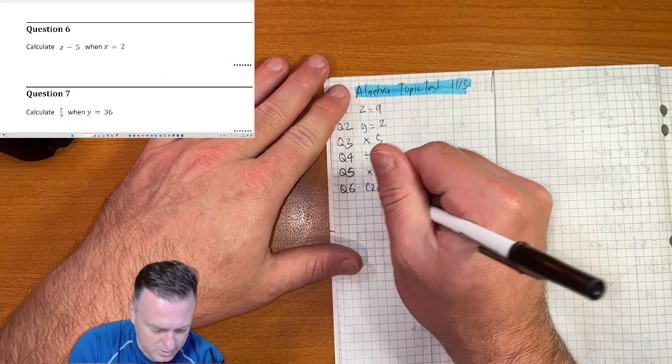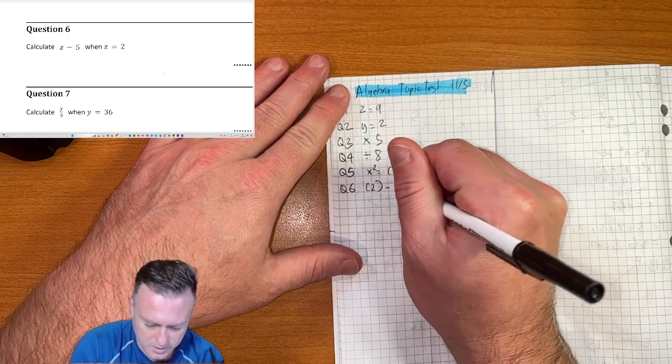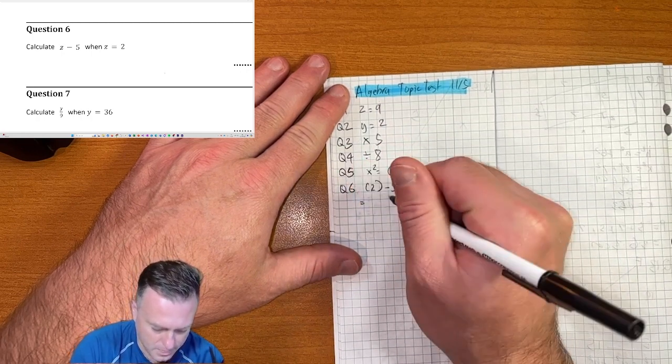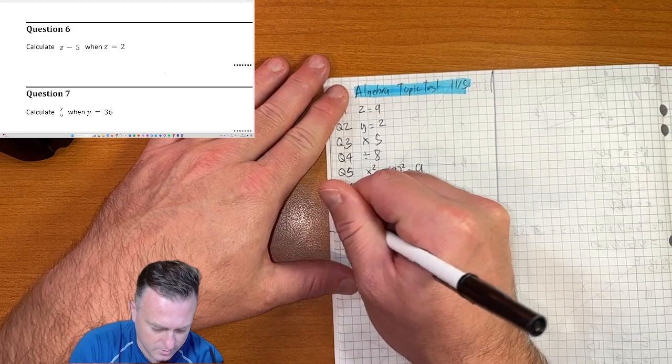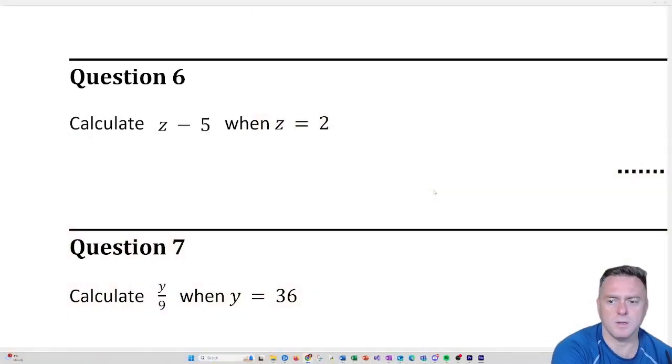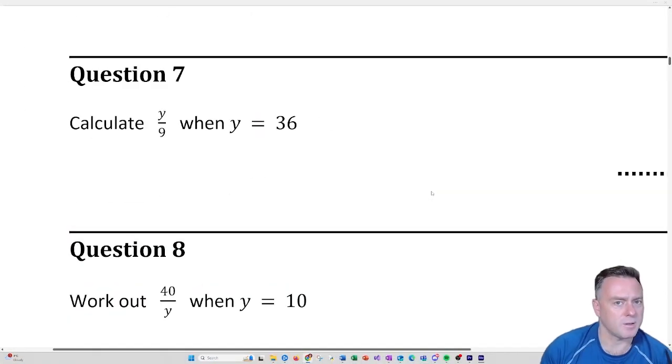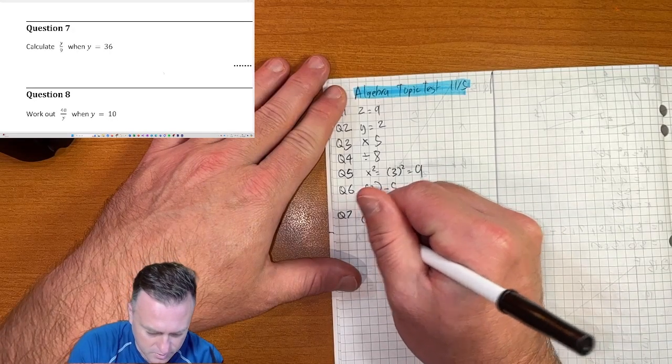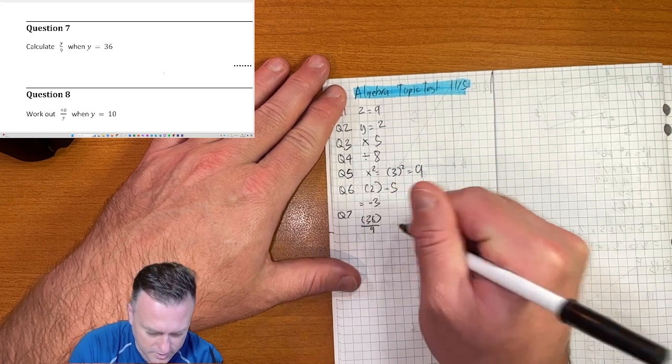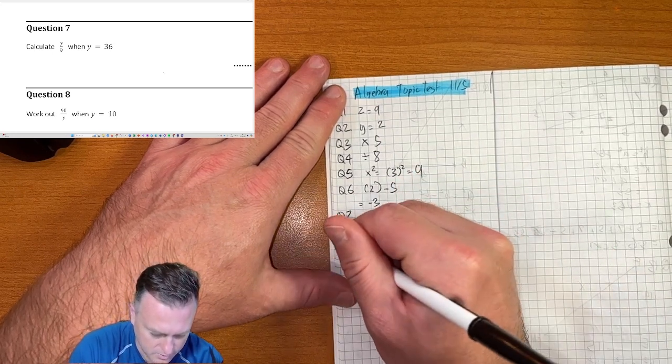So I'm going to sub it in, 2 minus 5, which then equals negative 3. Question 7. Y divided by 9. So we're going to go 36 divided by 9, which then gives us 4.